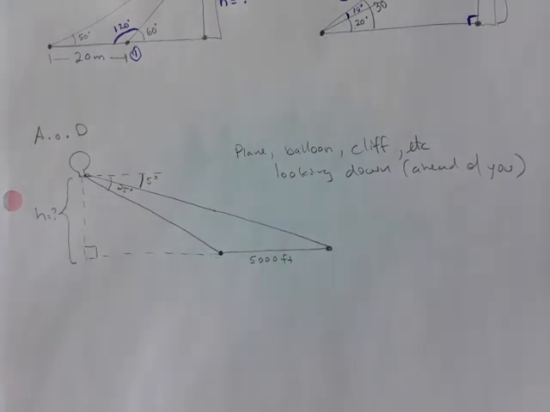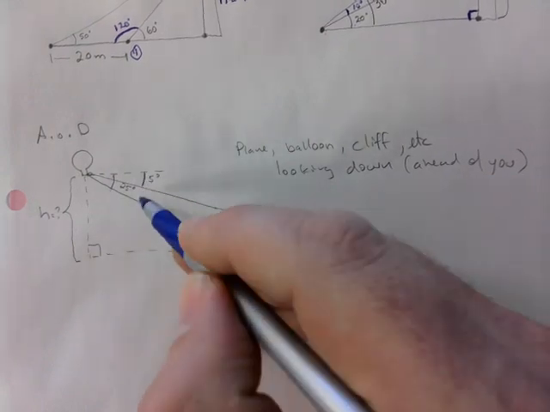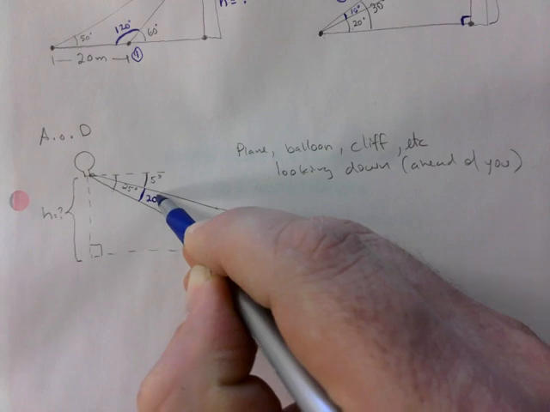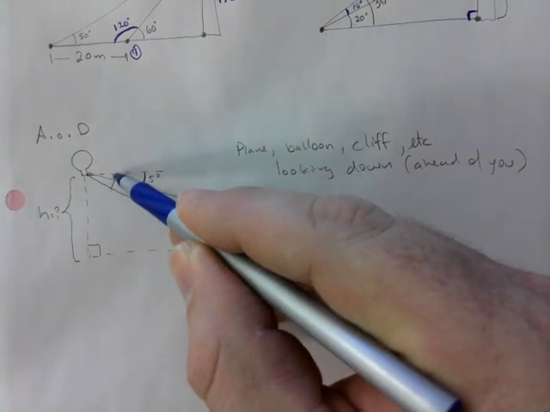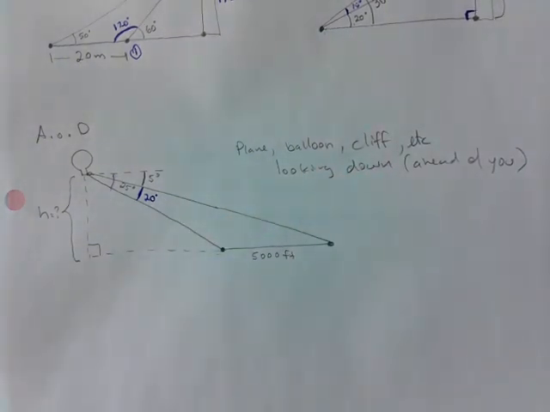How high above the ground would the plane be, or a hot air balloon? There's a couple things you can do. If this is 25 and this is 5, then I know that this is 20, because this chunk here represents 5. The whole thing is 25, so you just get the 20 there.